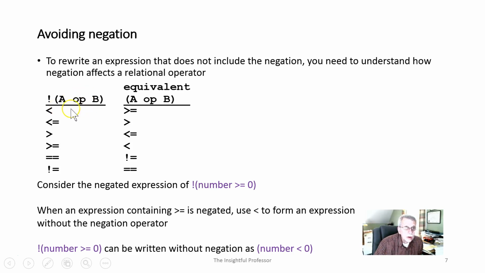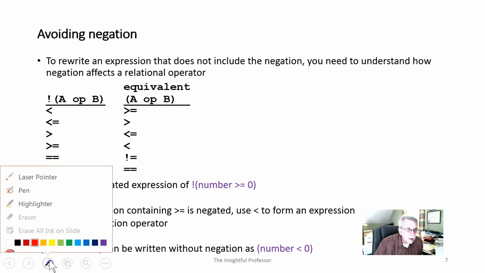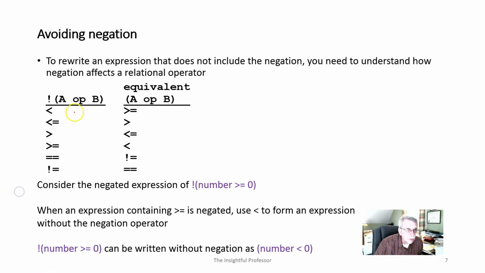If the operator within this negated expression happens to be less than, then we can remove this negation operator, and this becomes the operator that we're using. So not a less than b becomes a greater than or equal to b.